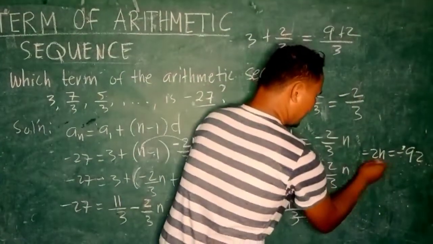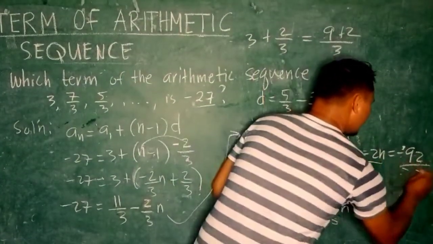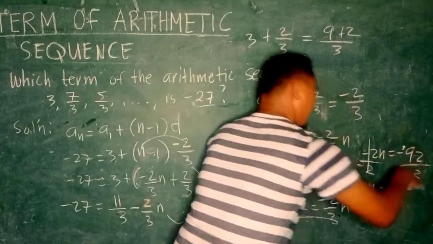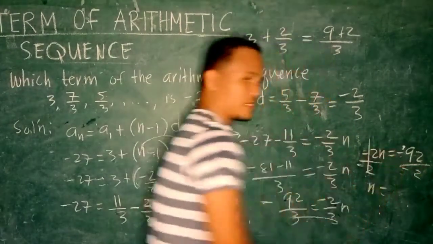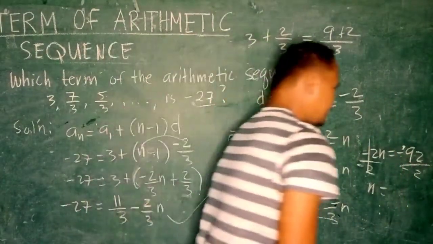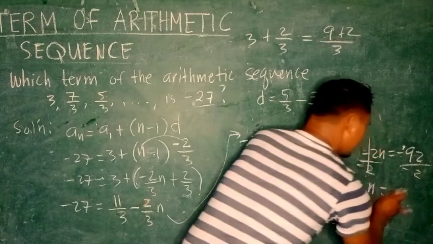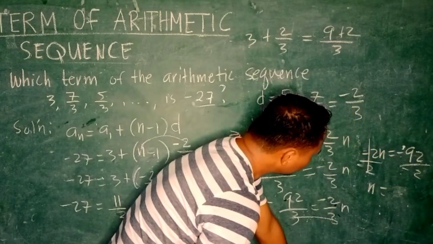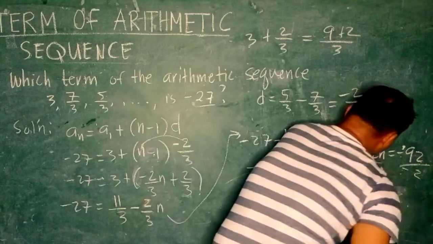Solving for n, divide both sides by negative 2. So n equals 92, negative divide negative, that's positive. 92 divide 2, that is 46.